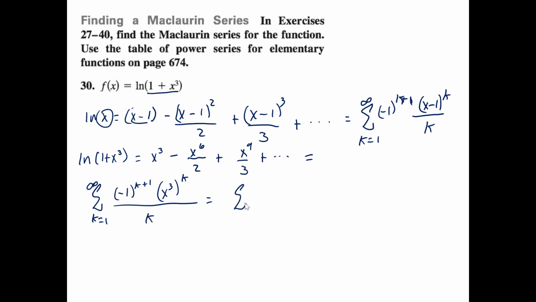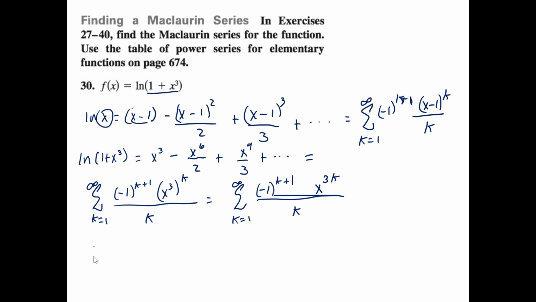So we can clean this up. Summation from k equals 1 to infinity of negative 1 to the k plus 1, and then x to the 3k, all divided by k.